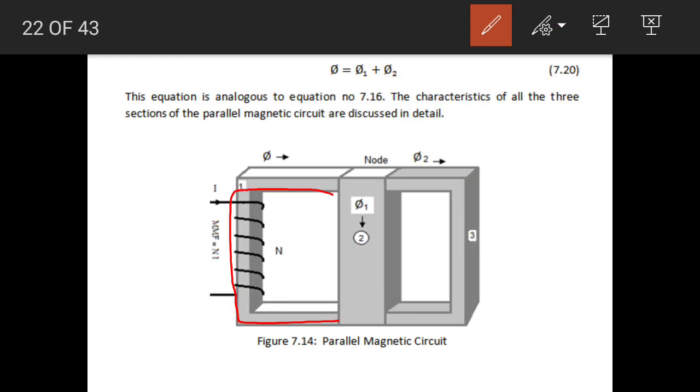Here is material number 2. We assume that the mean length of material number 2 is L2. The permeability of this material is mu2, and the cross-sectional area of this material is A2.